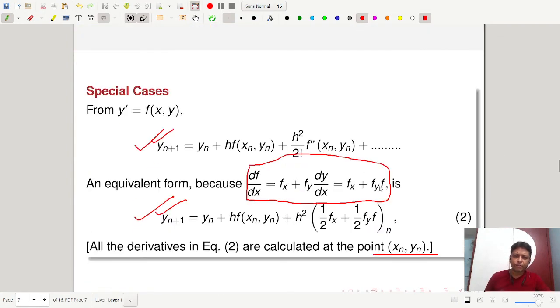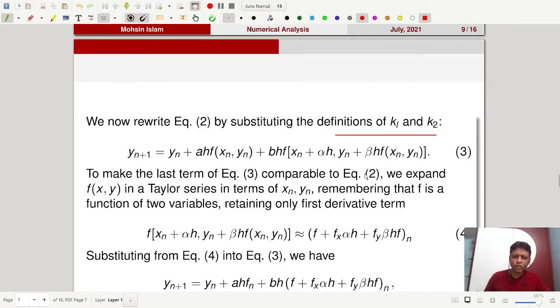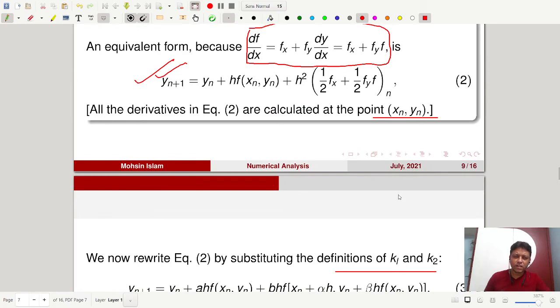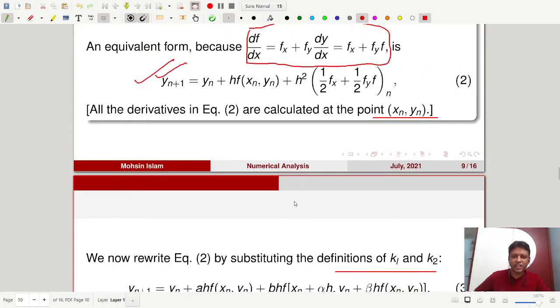So equation 2 can be written in terms of a h f(xn, yn) plus b h f(xn plus alpha h, yn plus beta h f(xn, yn)). So you are rewriting equation 2, this equation.